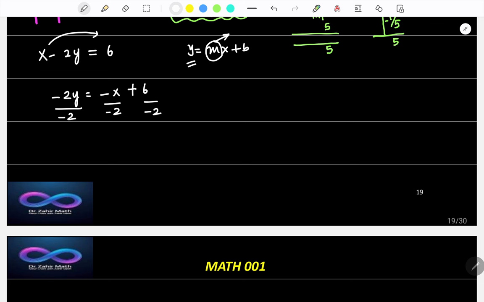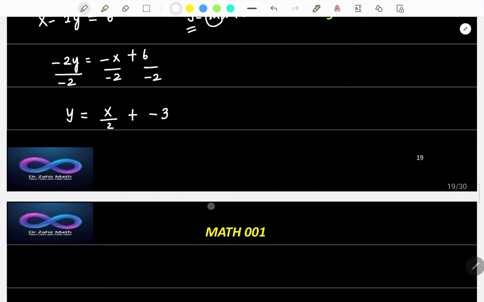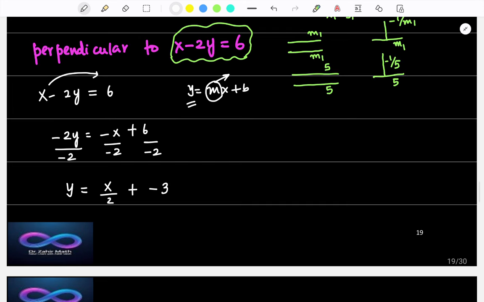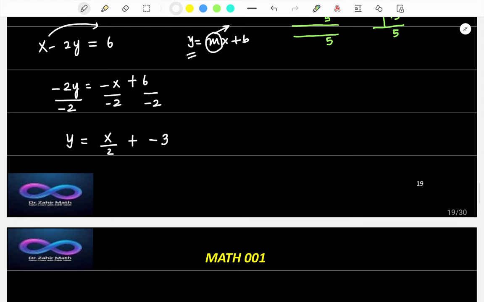Because I want the form y equals mx plus b. So y equals, minus minus cancel, I will get x by 2. 6 divided by negative 2 is what? Which is minus 3. Right, everybody? So we get the answer.